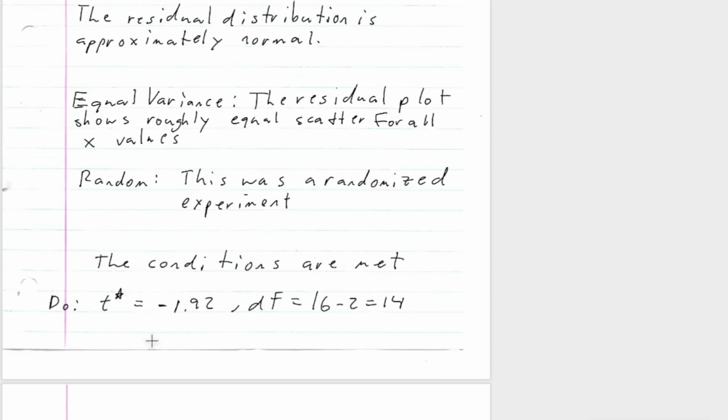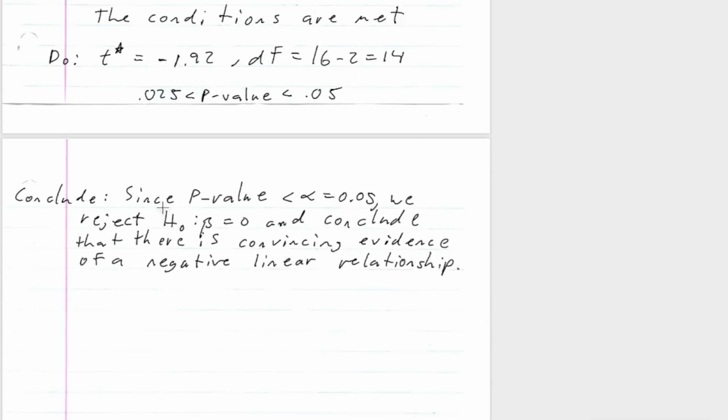We know the p-value is going to be in between these two values, right? So we can see the p-value is less than 0.05. So since the p-value is less than alpha, which is 0.05, we reject the null hypothesis that stated that the true slope was equal to 0.